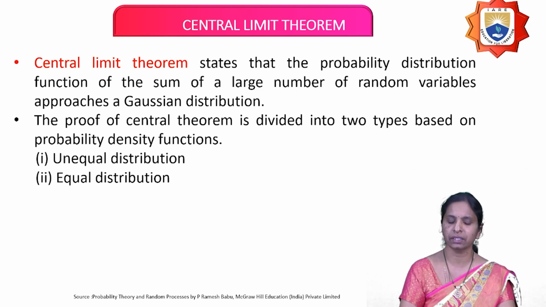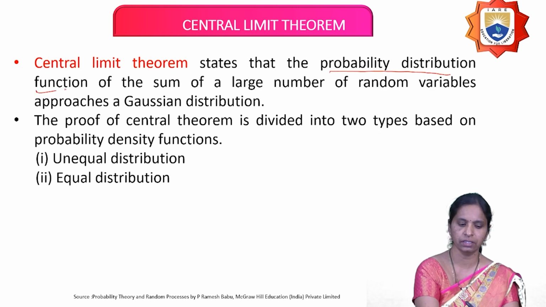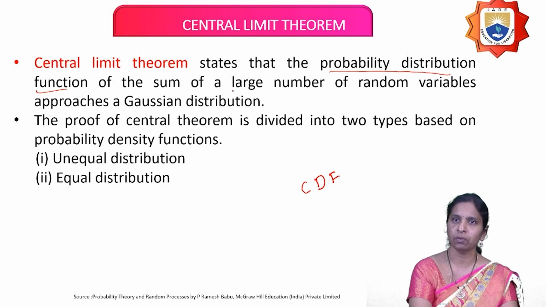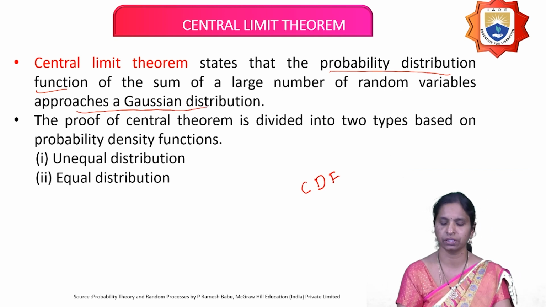The central limit theorem states that the probability distribution function, also called the cumulative probability distribution function, of the sum of a large number of random variables approaches the Gaussian distribution function.